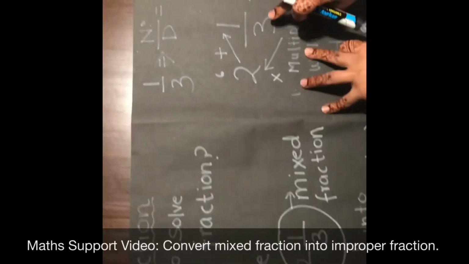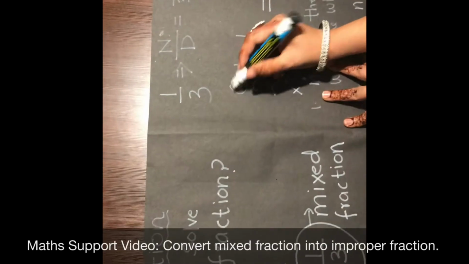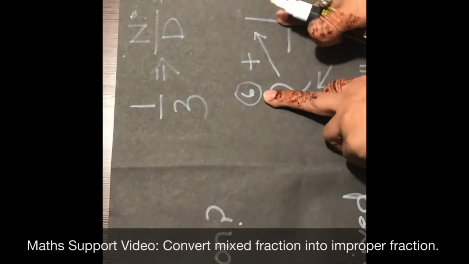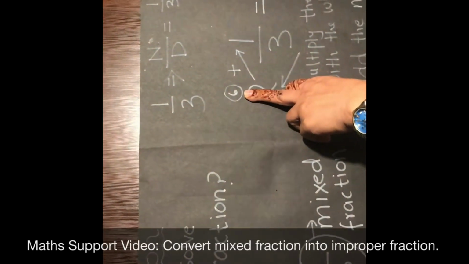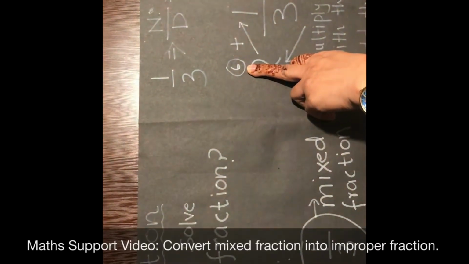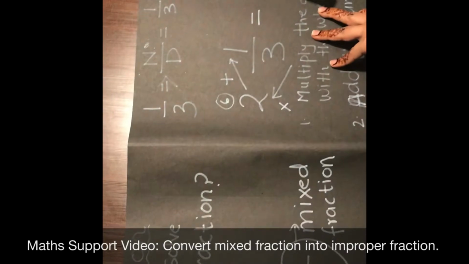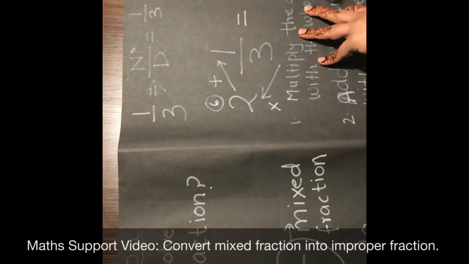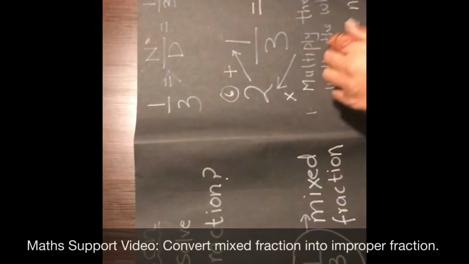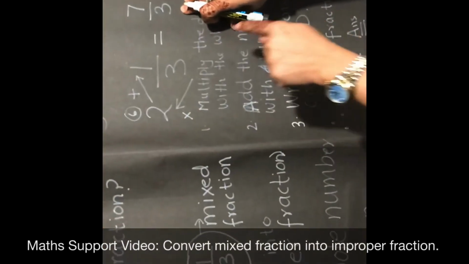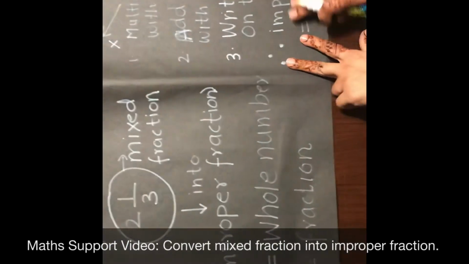So we multiply 3 by 2 to get 6, 6 plus 1 is 7. So we will write 7/3, where the numerator is greater than the denominator. This is the way we convert to improper fractions.